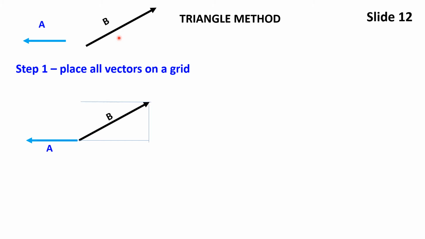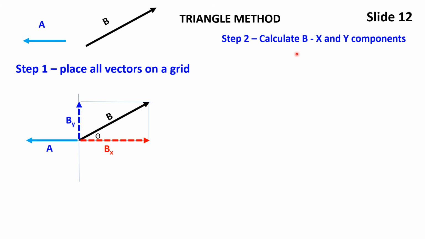So we have to find the X and Y components for B. Here is the Y direction, and the red one is the projection of B on the X direction, which we are going to call BX. Notice that now we have an angle formed between vector B and the X direction. Likewise, we have a component on the Y direction, which is BY.